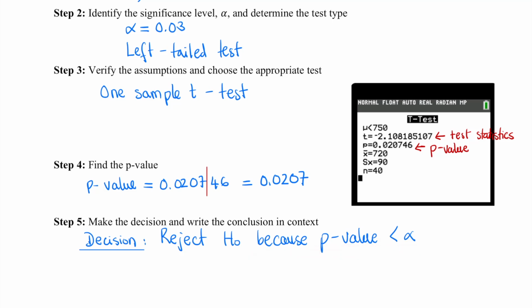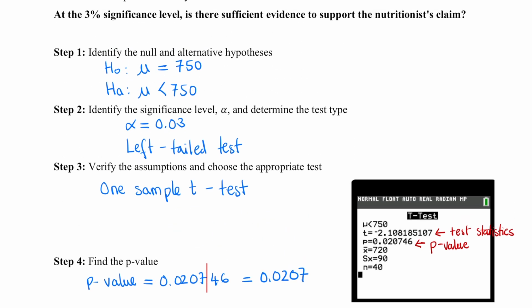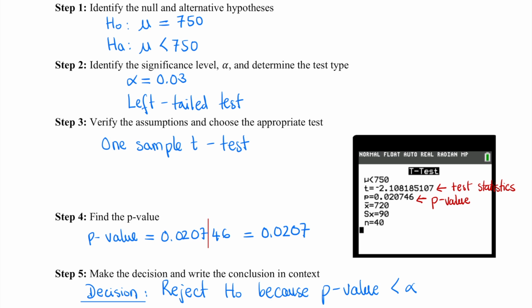Now, let's write the conclusion. H0 states that the population mean equals 750. HA states that the population mean is less than 750. Which one do we support? Look at our decision. We reject H0. That means we do not support H0.